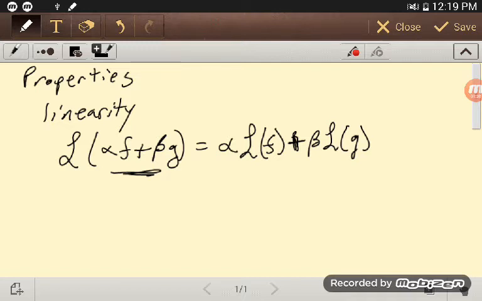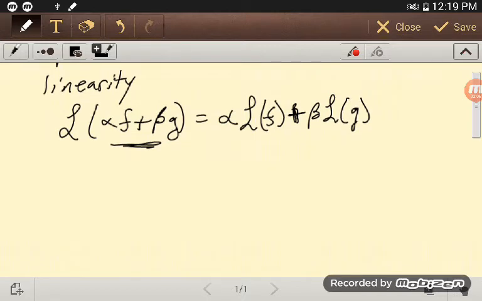And when you think about it, it makes sense, because remember, all we're really doing is taking these integrals. Now, we multiplied by that e to the minus st, what we might call a test function. That's very common in mathematics, so it's nice for you to be seeing it here in differential equations under the Laplace transform.